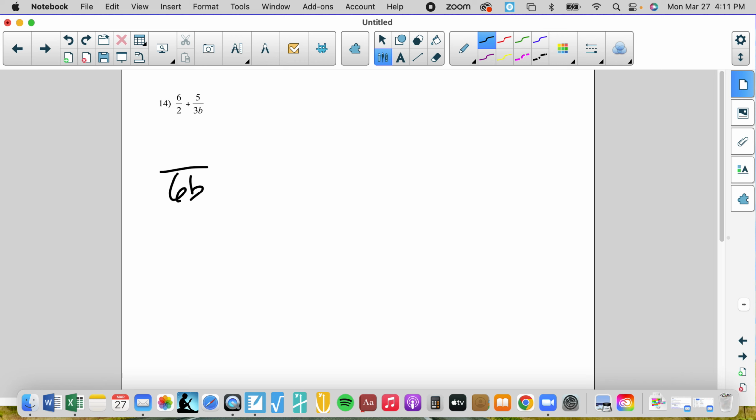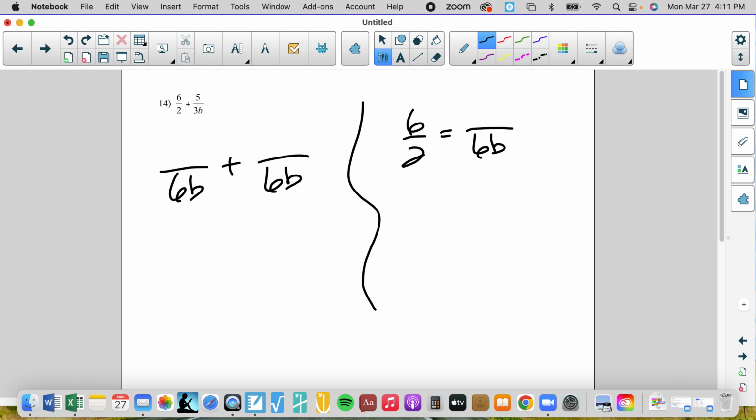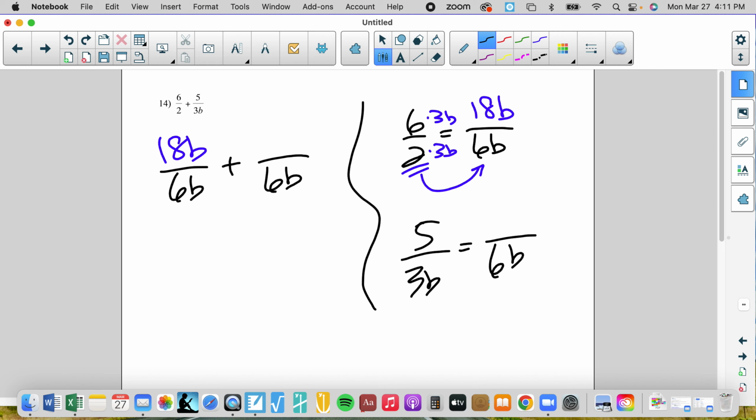Common denominator is 6b, the least common denominator. So we have 6 over 2 equals 6b. What are we going to multiply 2 by to get 6b? 3b, which gives me 18b. What do we multiply 5 over 3b by to make 6b?